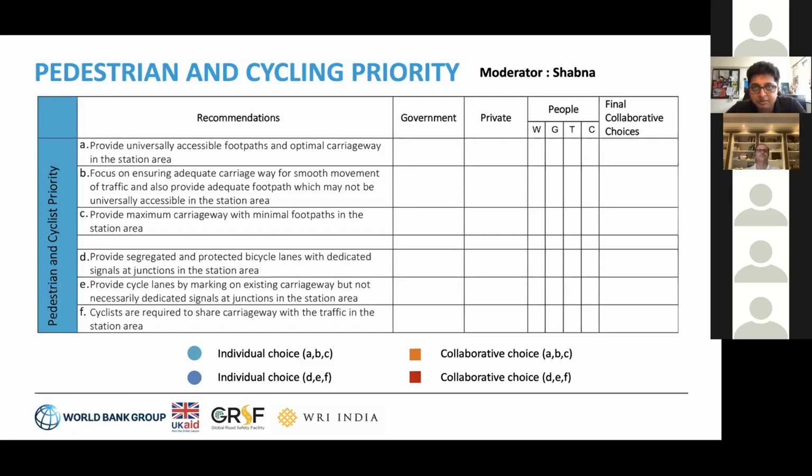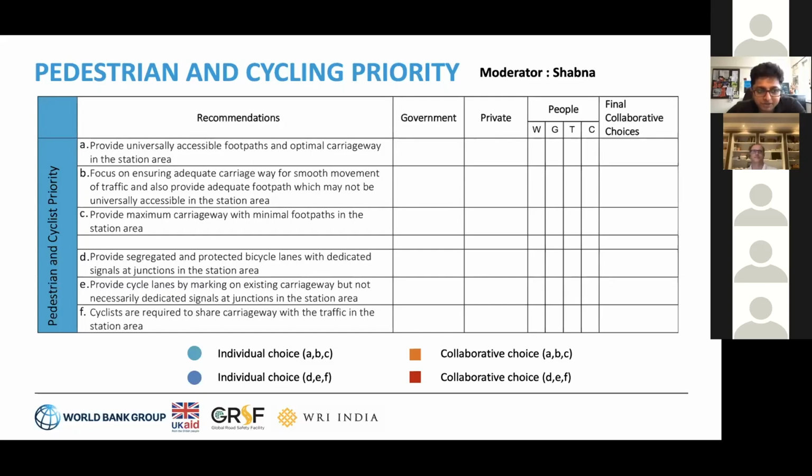At times these footpaths might go as low as 1.5 or 1.2 meters, and even at a height of almost 1 foot in certain areas. So option B talks about providing both, but there is a bit of compromise in both, so that they favor the motorists. At the same time, there is some level of facility given for people to walk.